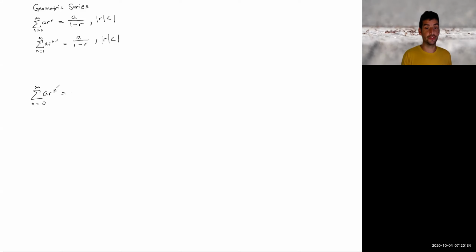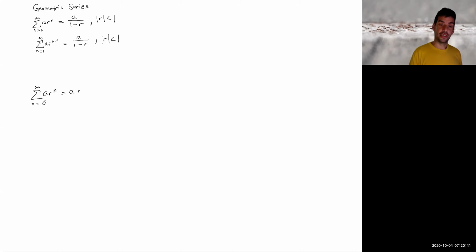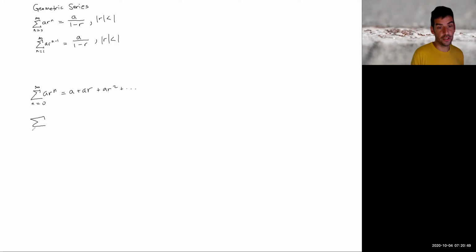When n equals 0, I get a times r to the 0, so just a. So I'm starting at 0, and then when n equals 1, I get plus ar, and on and on and on. When I start my indexing at 1, but I write the formula as a r to the n minus 1, the exact same thing happens.